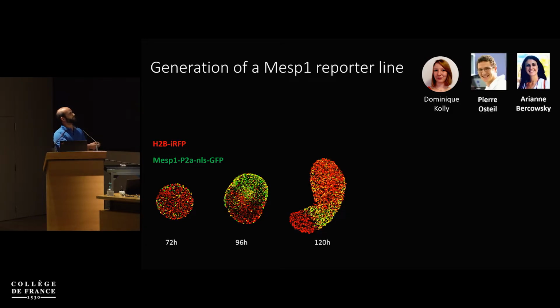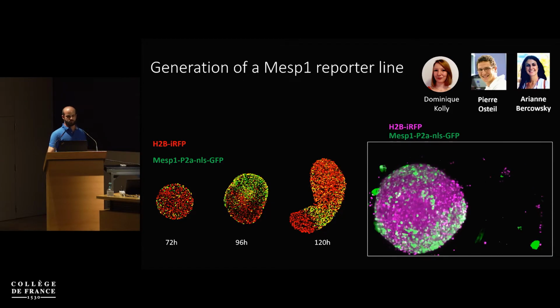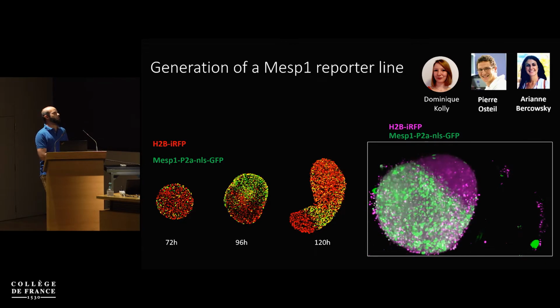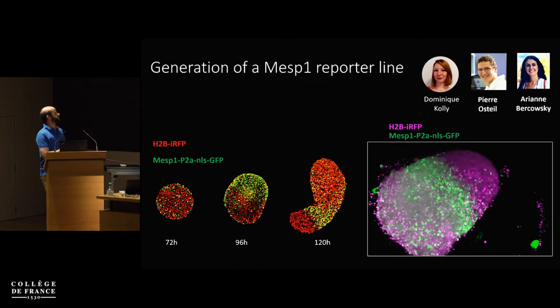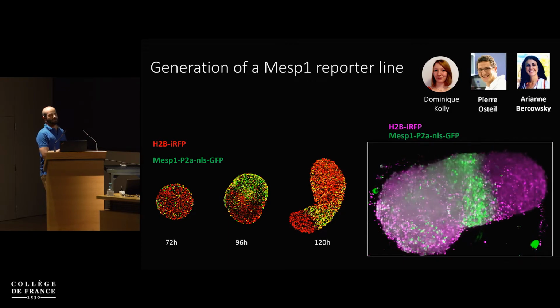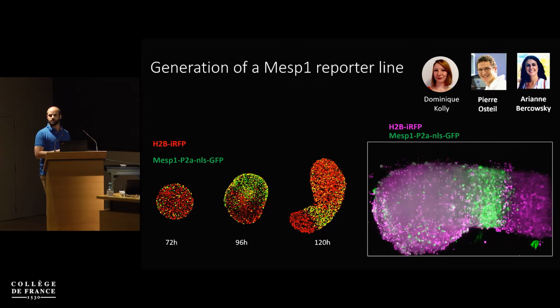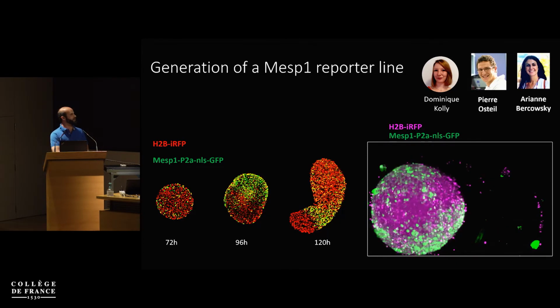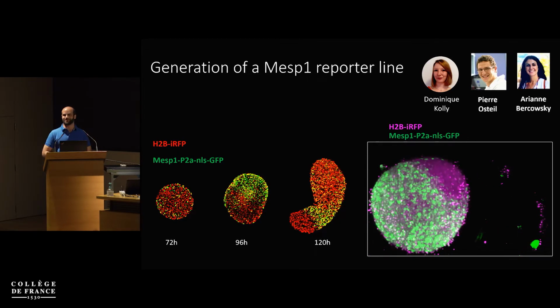With the help of Pierre Ostoy and Ariane Berkowski in the laboratory of NDOTS, we managed to generate this movie, which I showed you in the first slide, which now allows us to assess really the transition between these two, which seems to be quite critical in the process of self-organization. And hopefully next time I can actually give you the conclusions of this experiment.